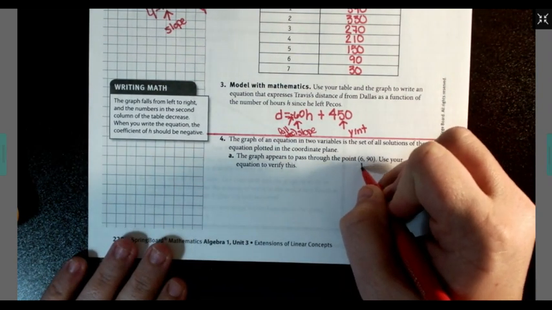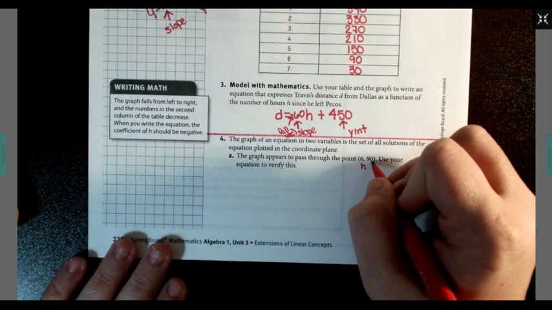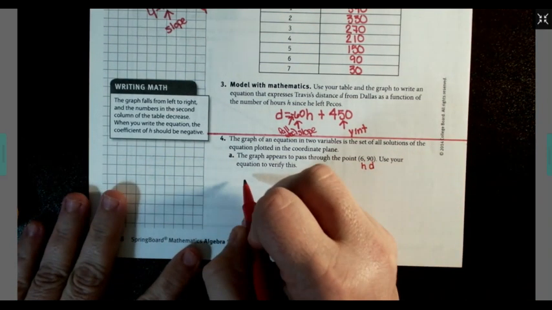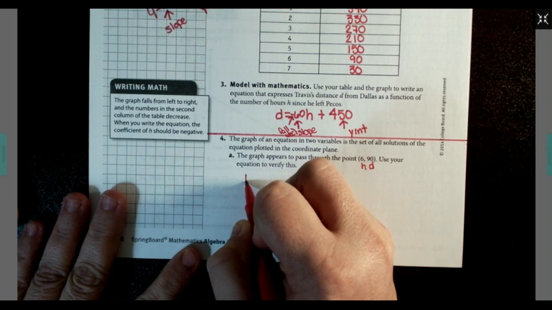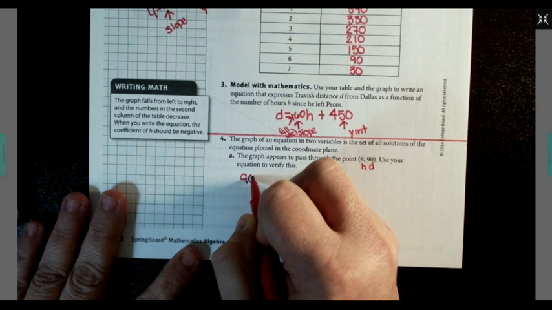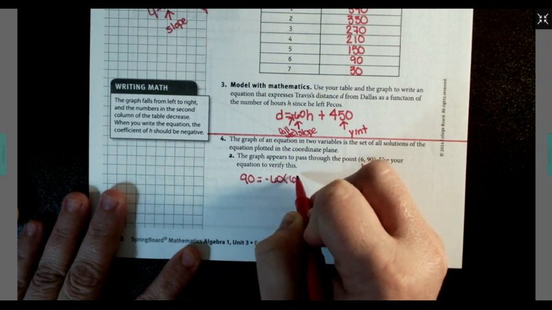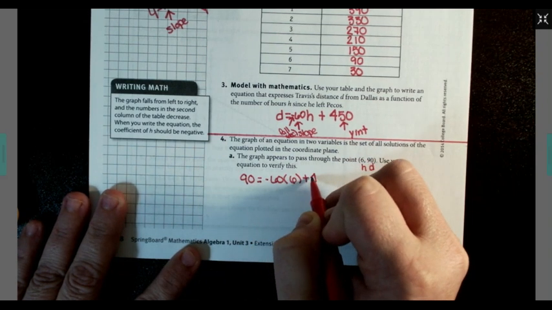Remember that the 6 represents your h, the 90 represents your distance, or your d. So we're going to do 90 equals negative 60 times 6 plus 450.